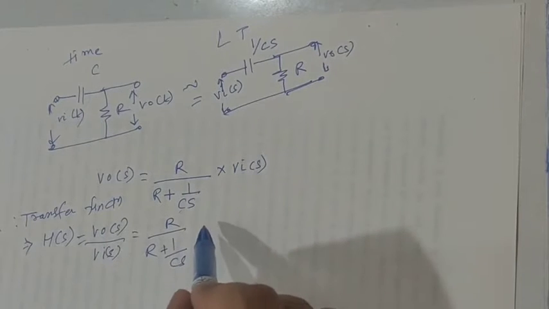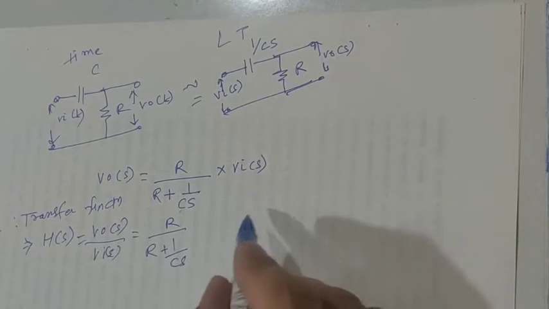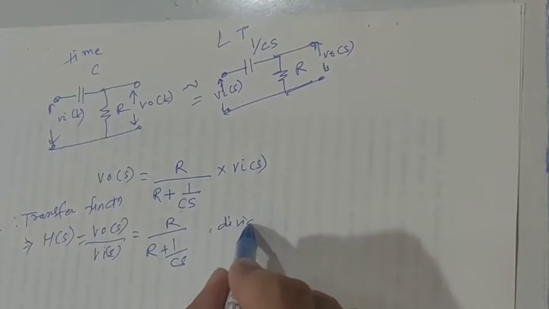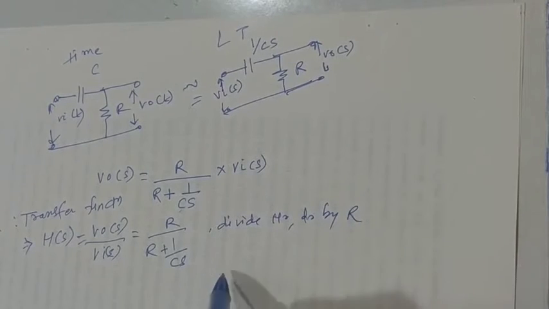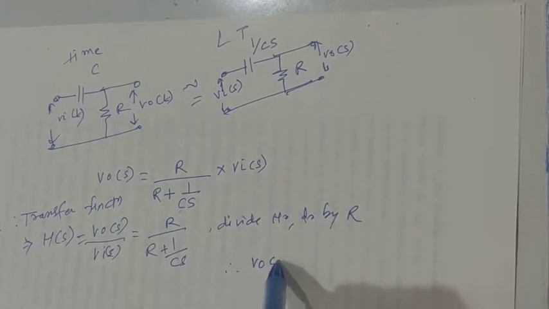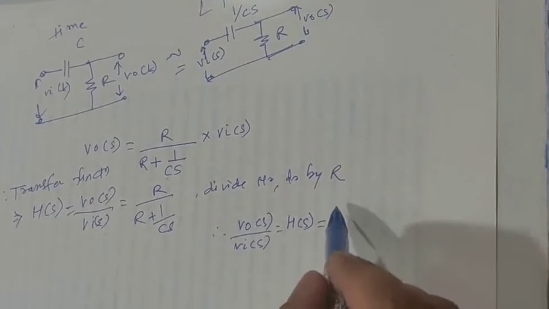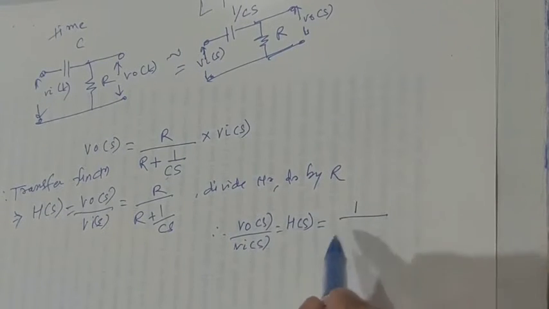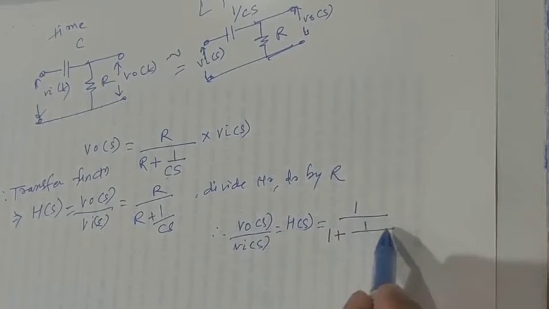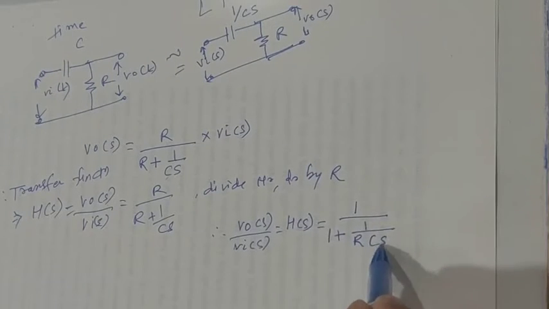Now if I divide numerator and denominator by R, the equation will be V0 of S upon Vi of S, or H of S I can write. It is going to be equal to 1 upon 1 plus 1 by RCs.